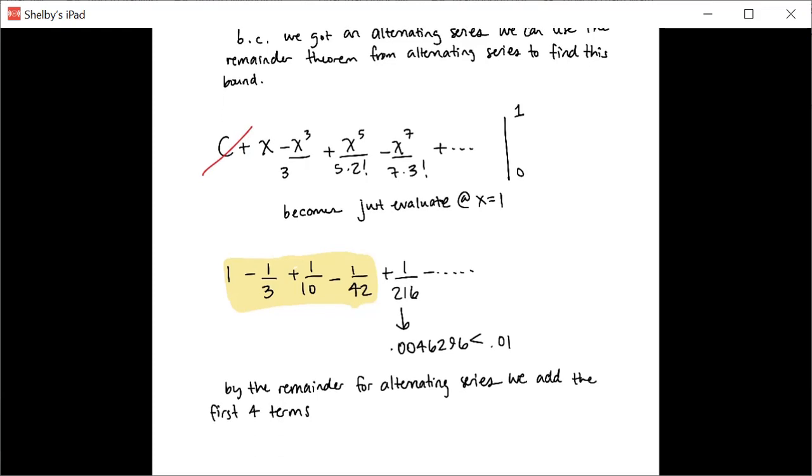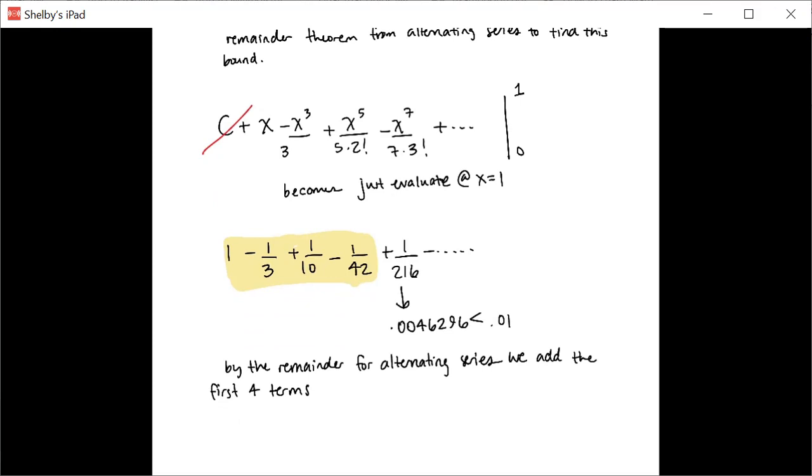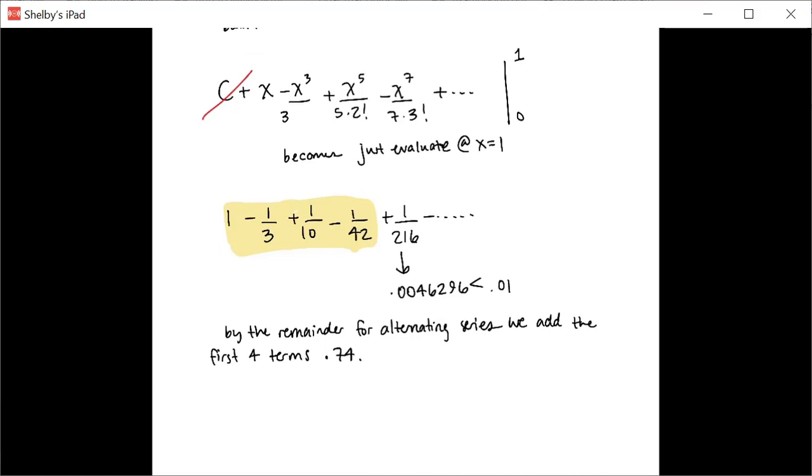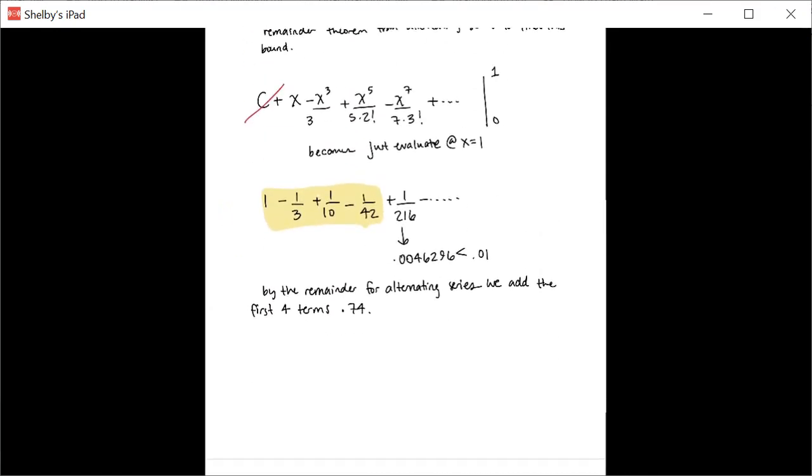And I've saved us the time of doing this on technology. Please don't be doing this by hand. It's so tedious. The whole point is kind of just understanding the cool power of math that we just did. So when we add up the first 4 terms, we get 0.74. And there it is. That's really awesome.